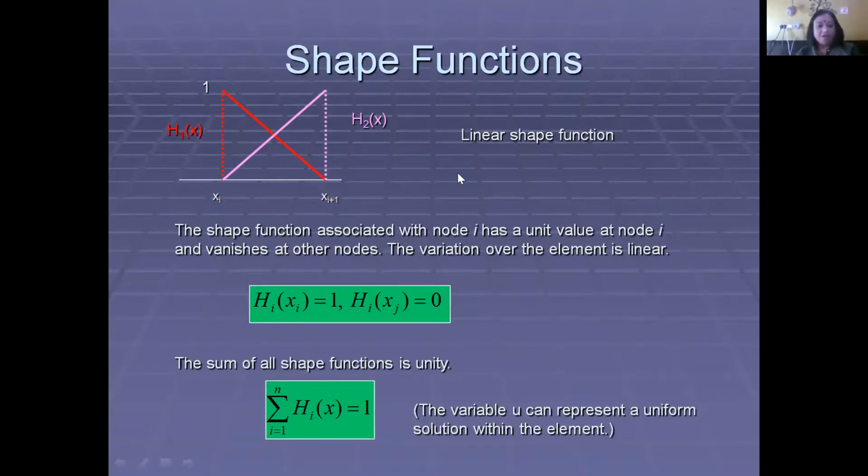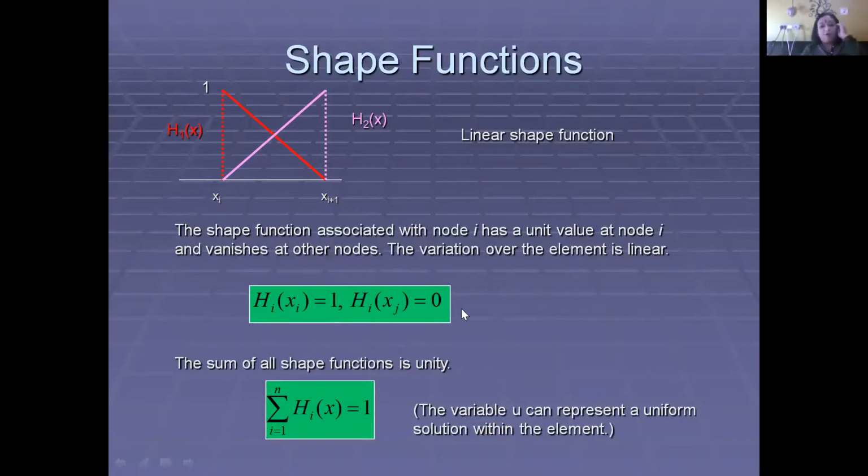So if I formally define it, the shape function associated with node i has a unity value at node i and vanishes at all other nodes. The variation over the element is linear. This is the criterion for a linear shape function, which means hi at xi is equal to 1, and hi at xj, where i is not equal to j, must be 0.